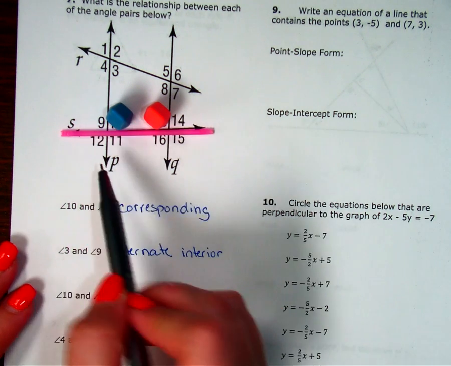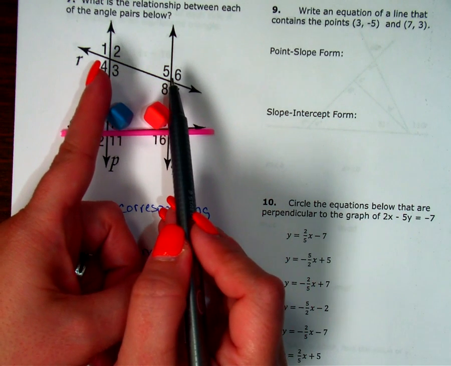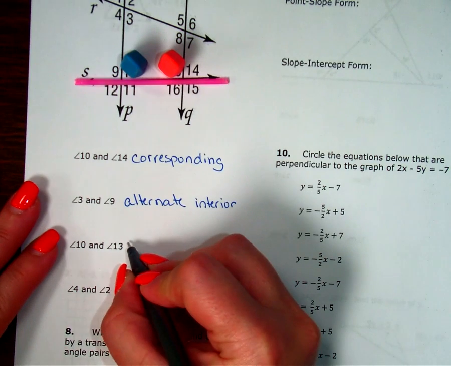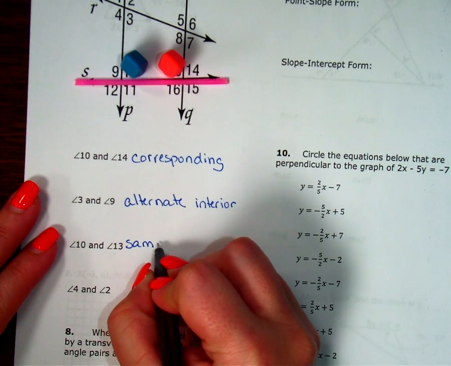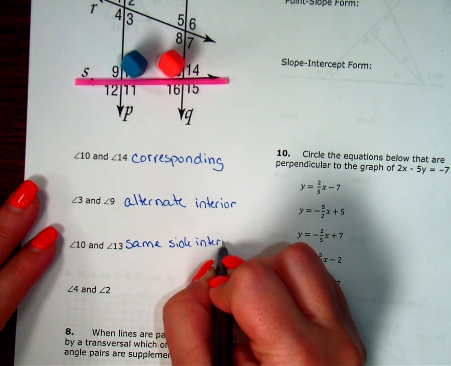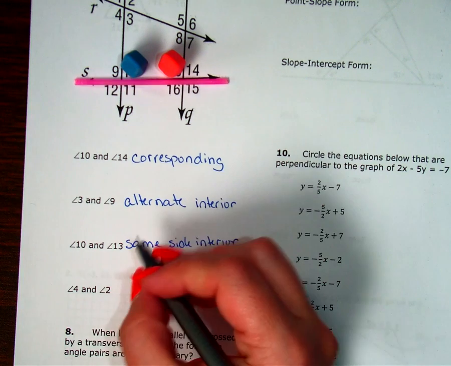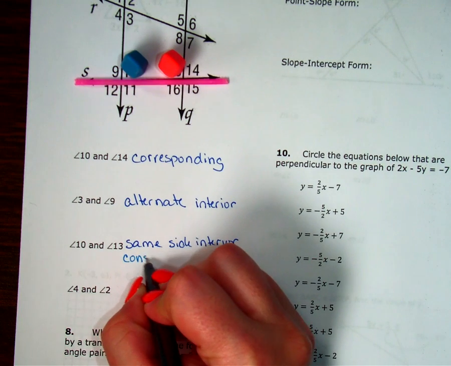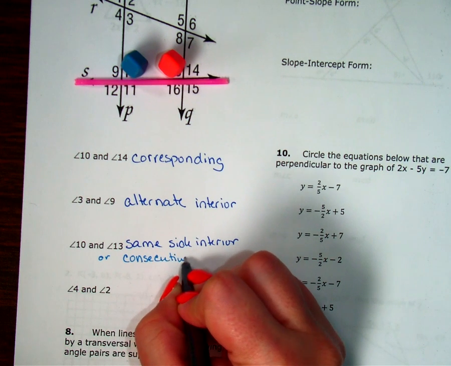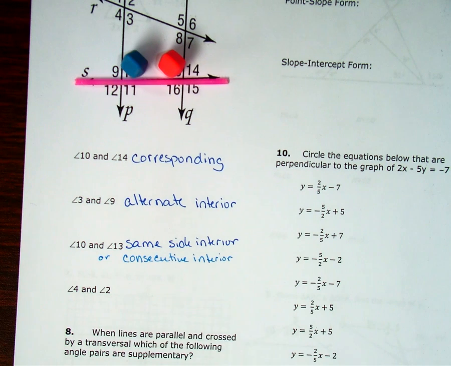Since they're both inside the other two lines, we say they're same side or consecutive interior. So you can either call them same side interior or you can call them consecutive interior. Either term can be used.